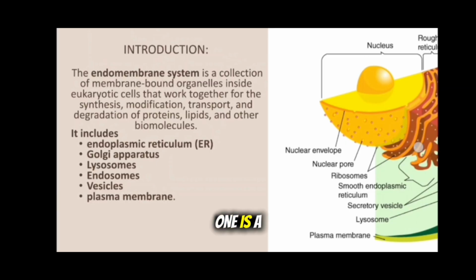And the fifth one is endosomes. It is a sorting station for material that comes in through endocytosis. And the last and final one is the plasma membrane. It is a toll gate organelle that lets substances enter or exit the cell.